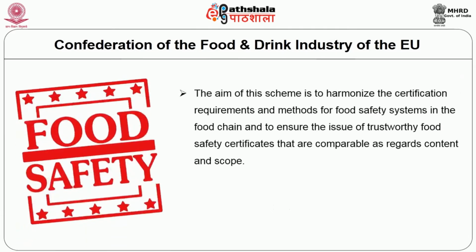The aim of this scheme is to harmonize the certification requirements and methods for food safety systems in the food chain and to ensure the issue of trustworthy food safety certificates that are comparable as regards content and scope.